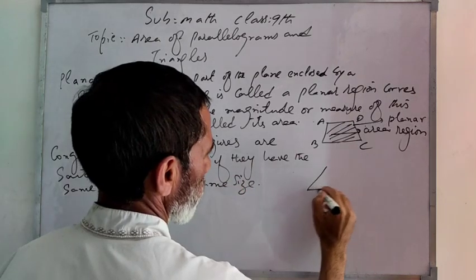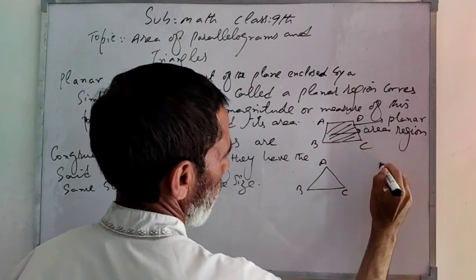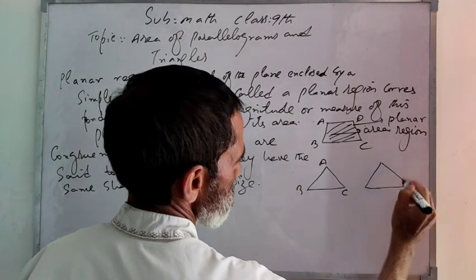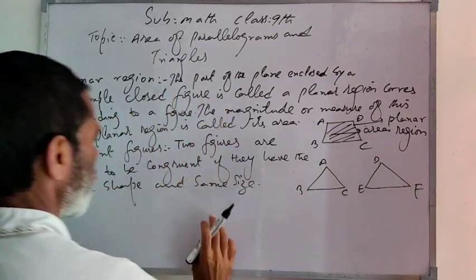For example, these two figures ABC, DEF, if they have the same shape and same size, these are called congruent figures.